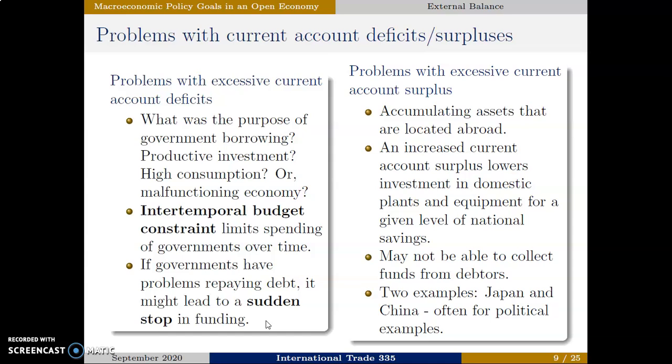A large current account surplus might also mean that the government is not able to collect debts from other governments. A large current account surplus also becomes a political pawn, of which China and Japan are key examples. A large current account surplus can become a target for import tariffs, like Japan had in the past and that China is currently facing with the United States.